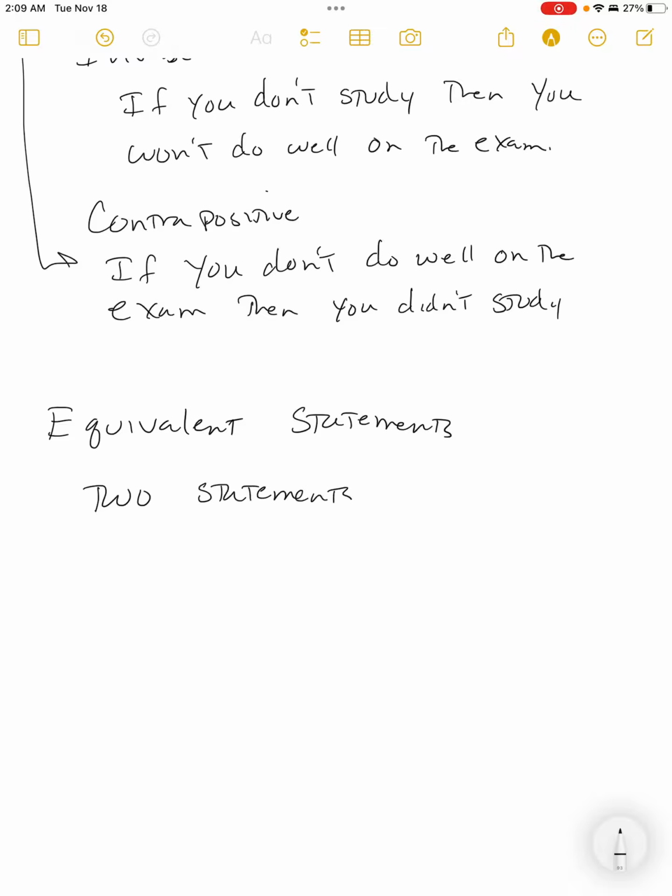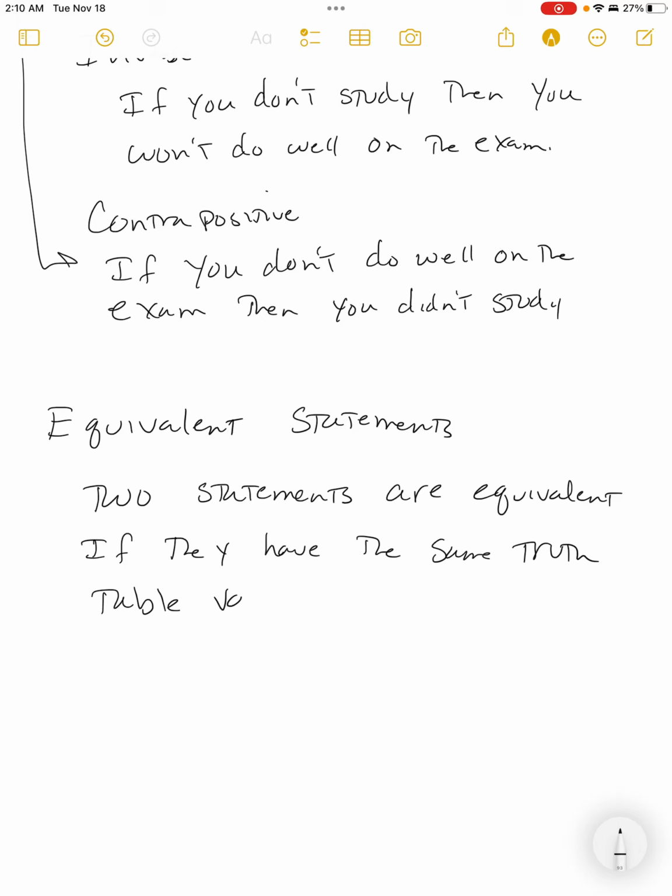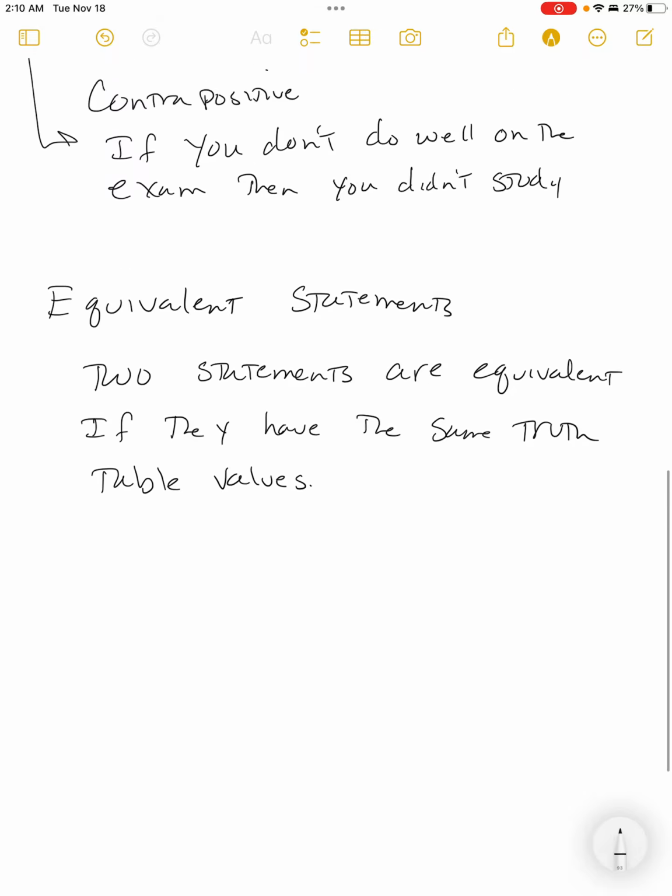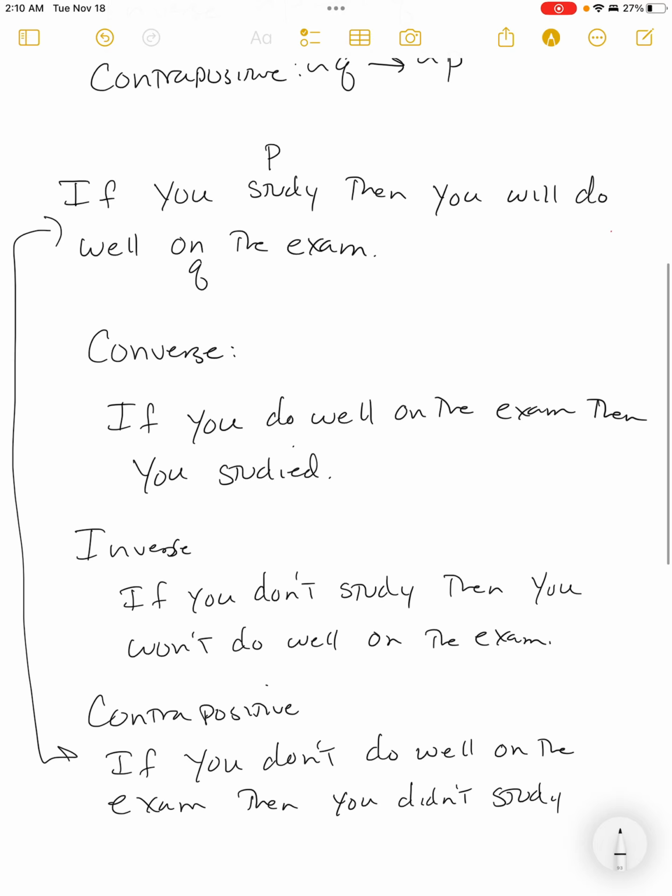So two statements are equivalent if they have the same truth table values. Okay, so that's how I'd like you to know it.